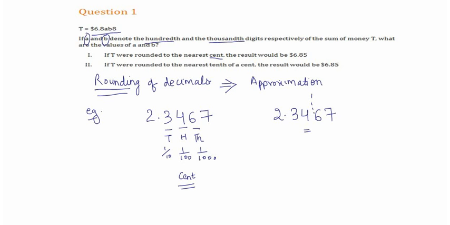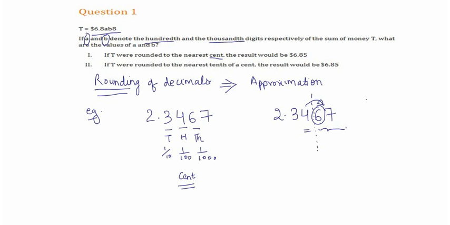I'll draw a simple wall segregating the cent position and the positions to the right of it. The fundamental principle of rounding states that, for the cent position which I need to round off, I will check the digit to the right of it, the one that I have circled, which is 6.